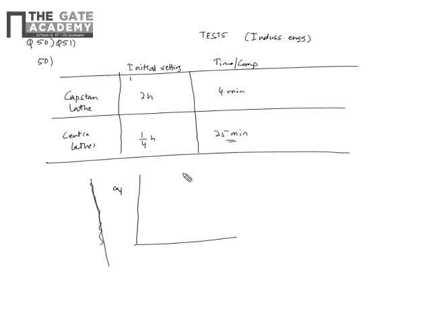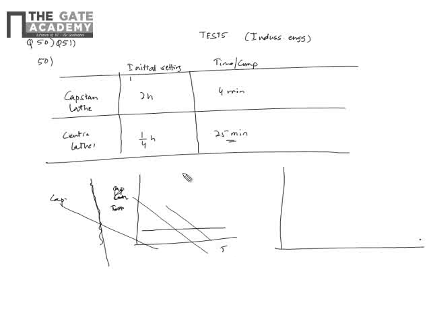Let's write clearly. On the y-axis I plot time and on the x-axis quantity. The initial setting time is the starting point, and then the operation time is added, which increases as you go on producing quantities.